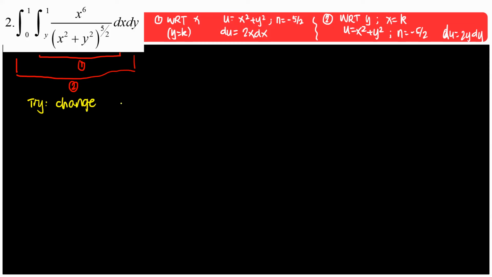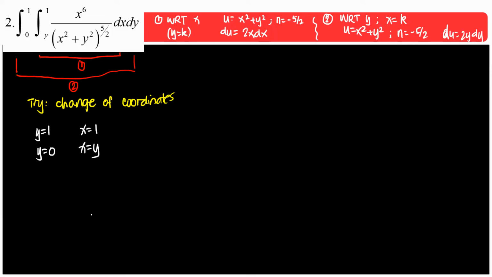So let's try change of coordinates. All right. So if we're changing the coordinates, let's plot the limit. So first limit, limit for x is equal to y, up until x is equal to 1, y equals 0, y equals 1.